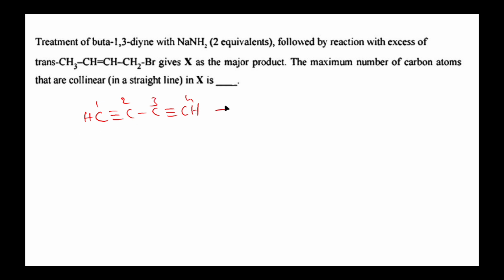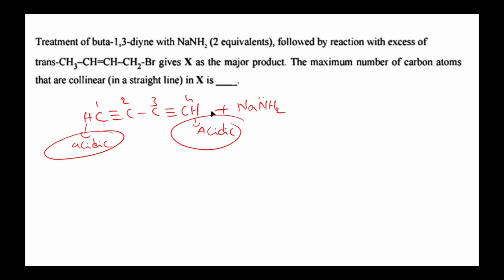Now it is treated with sodamide, a strong base. This amide takes out these protons because they are acidic protons. When we add that base, it immediately takes out those protons. So what happened here is disodium butadiyne: Na+ C-, triple bond, C triple bond C- Na+ is formed.